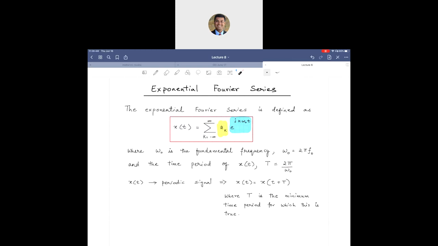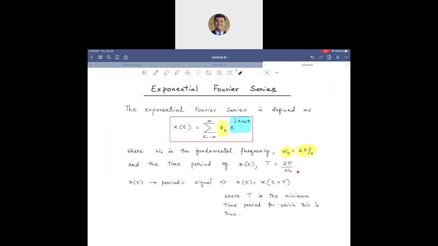It's the same thing as this. So you can express it in this form or in this form. It doesn't really matter. I like omega naught because it's a little bit more compact. And the time period of this signal x of t, cap T, is 2 pi divided by omega naught. I'm saying it is periodic.